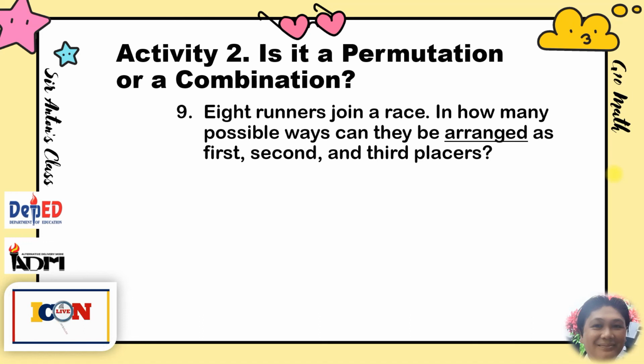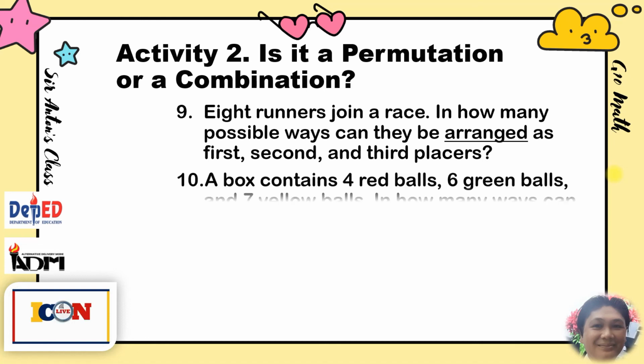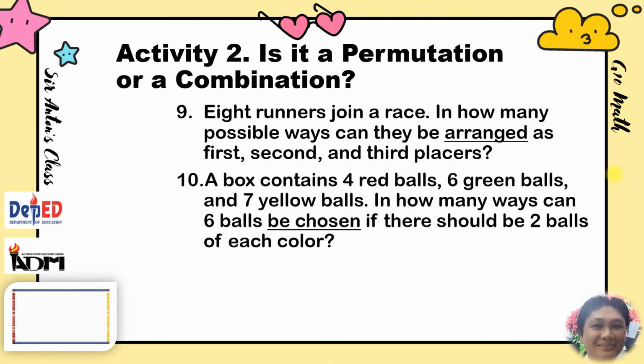In how many possible ways can they be arranged as first, second, and third placers? Number 10. A box contains 4 red balls, 6 green balls, and 7 yellow balls. In how many ways can 6 balls be chosen if there should be 2 balls of each color?